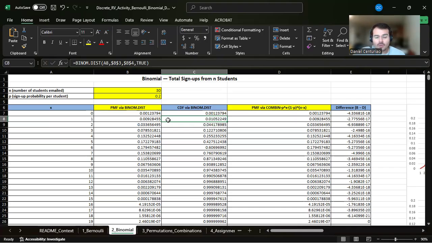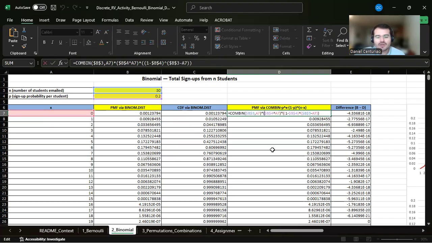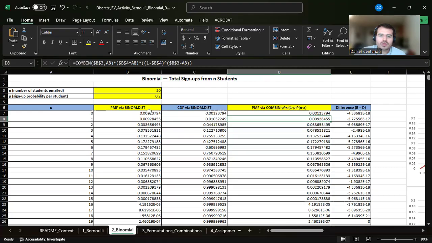What is the exercise here? I did that with the Excel formula and manually. Here is the manual formula, the theoretical one. What I wanted you to do is compare each one of those values here. Here is the difference between them, and you can tell how close or far they are.